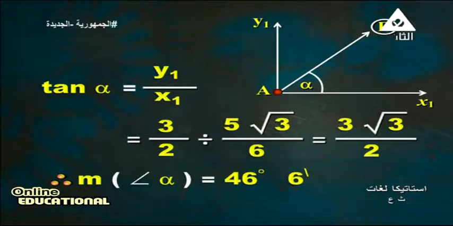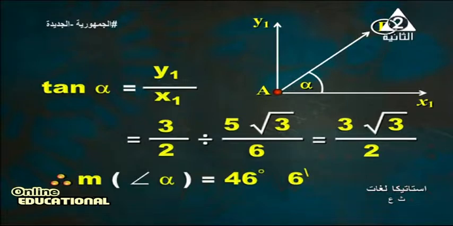After that, we calculate y1 and x1: the value of y1 is 3 over 2, the value of x1 is 5 root 3 over 6. Therefore, find the value of R by using the square root of x1 squared plus y1 squared. After that, we calculate tan alpha, which equals y1 over x1 equals 3 root 3 over 2. Then the measure of angle alpha is 46 degrees and 6 minutes.